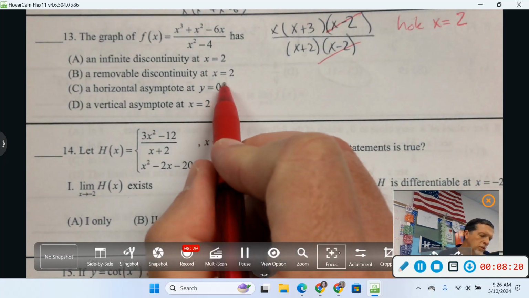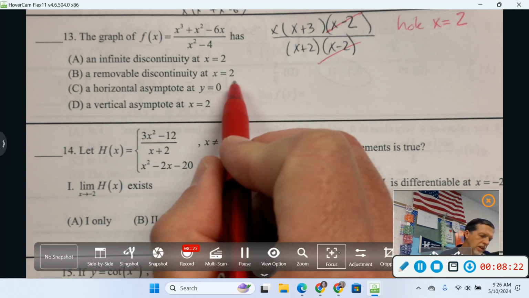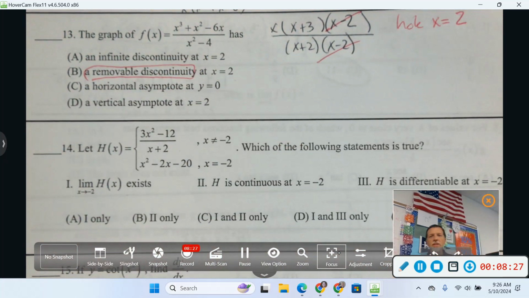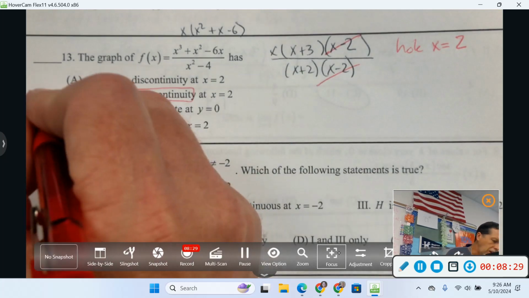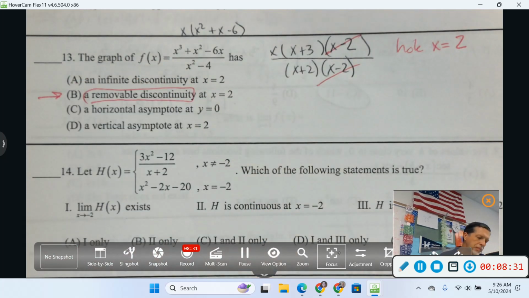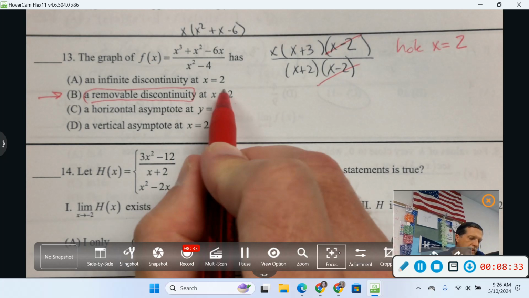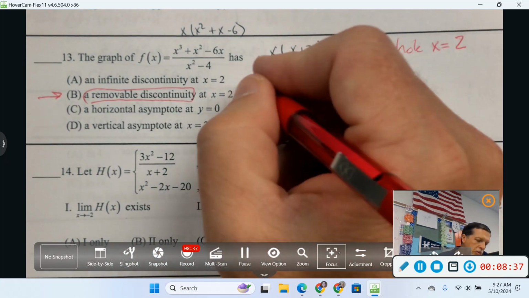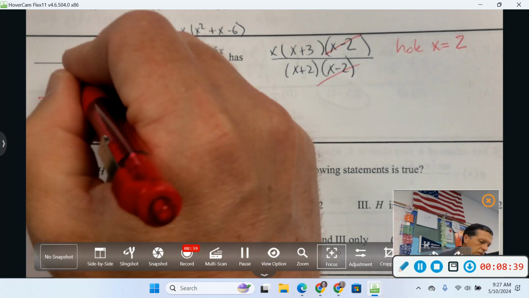That's a removable discontinuity. Right, that's a fancy word for a hole, because when you mark it out, you remove it. So I think it's B. Let's check the others. Infinite discontinuity would be an asymptote. There would be one of those at negative 2. So A is out.